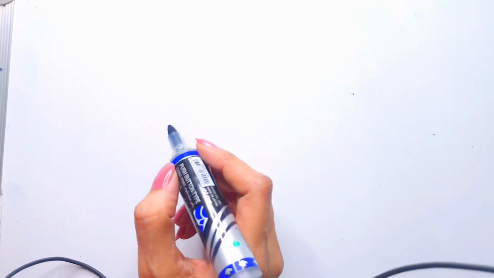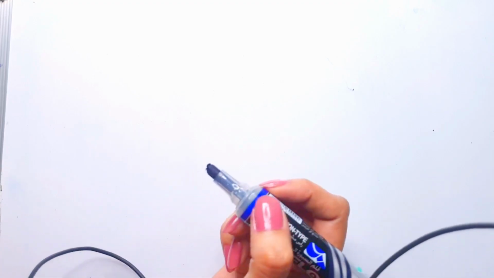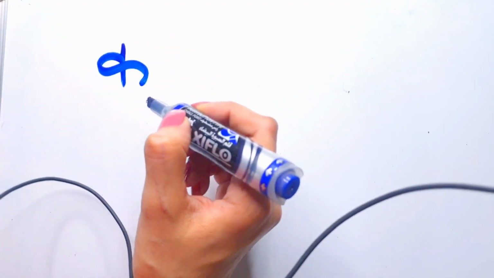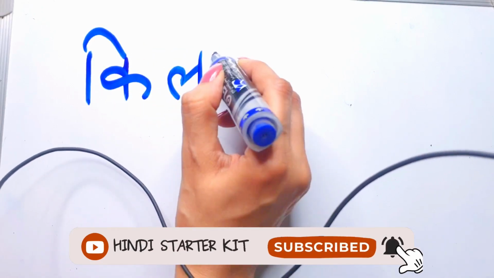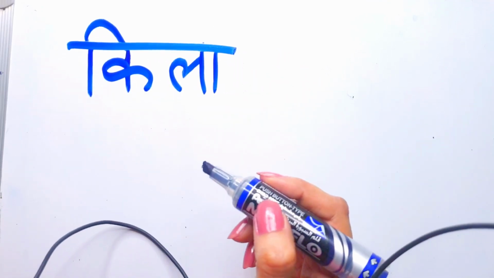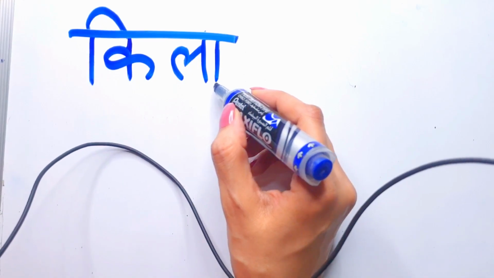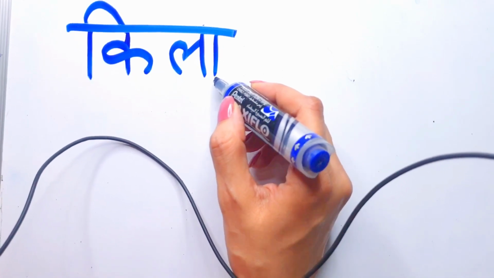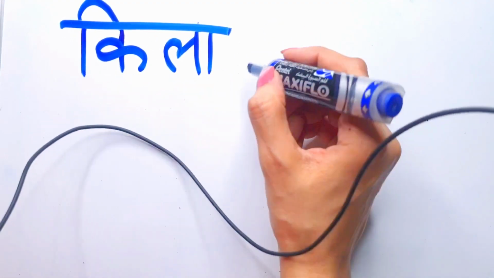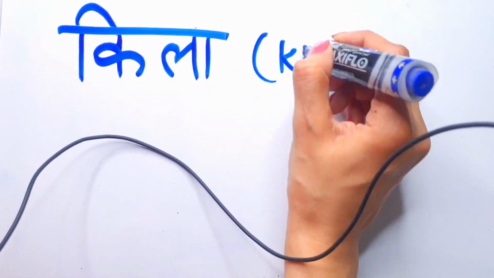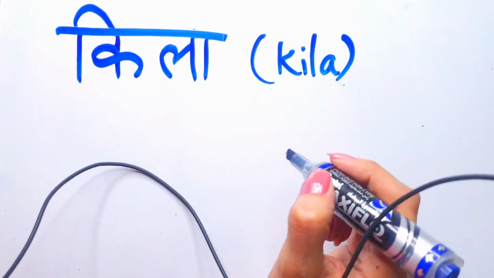We'll look at a few words with the choti e ki matra, just for you to get an idea of how to write this. Let's start with the first word, which is kila. And this is the a ki matra which we saw in the last lesson. So this is kila.